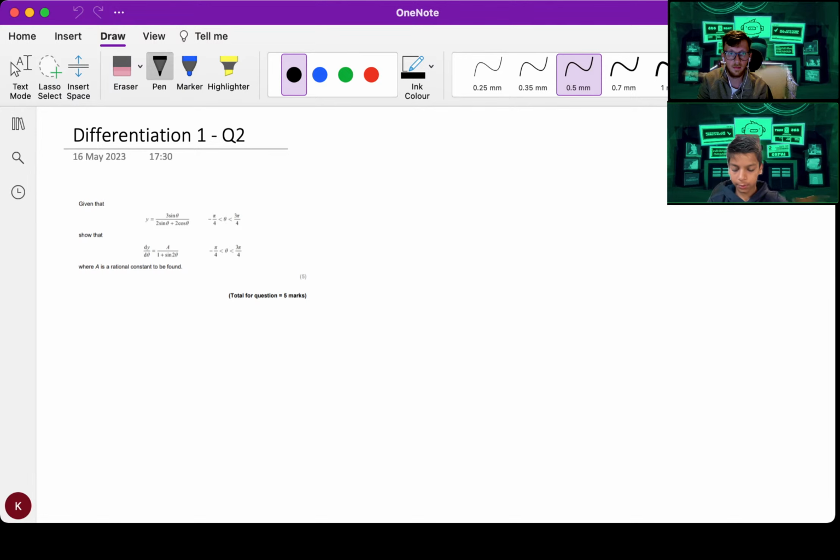Both of them are between minus pi over 4 and 3 pi over 4. So, good, let's do it. y is 3 sine theta over 2 sine theta plus 2 cos theta.